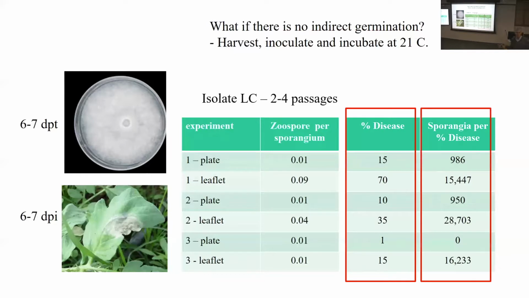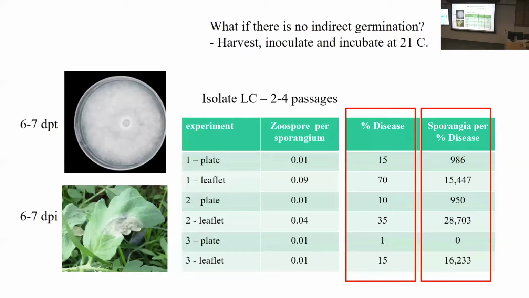What Kevin did, and which I was really delighted with, is that he looked at the number of sporangia that were produced on the leaflets that we had inoculated, and we normalize that to the amount of disease present. So what you see here is that number of sporangia produced from a plate, about 1,000. Number of sporangia produced from a leaflet per unit disease was 15,000.